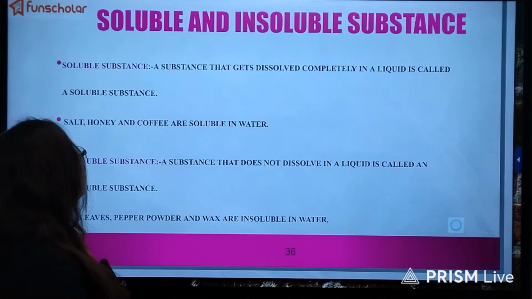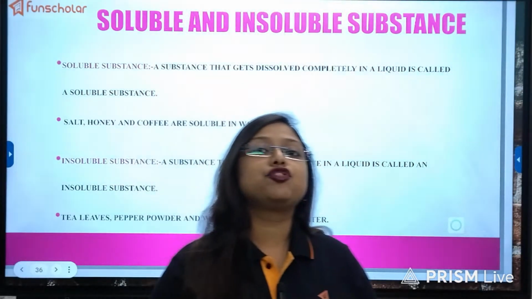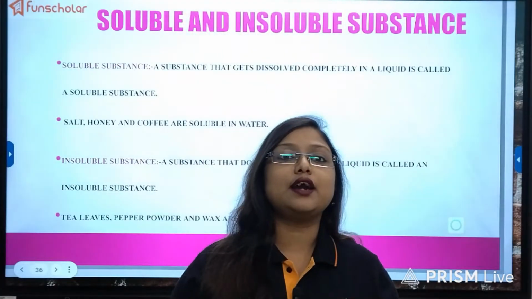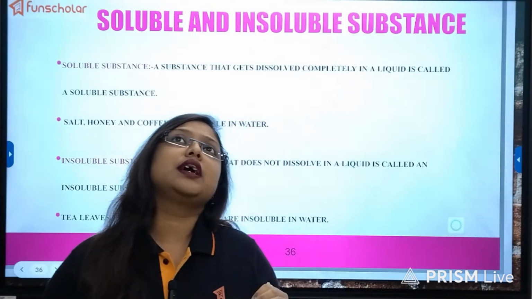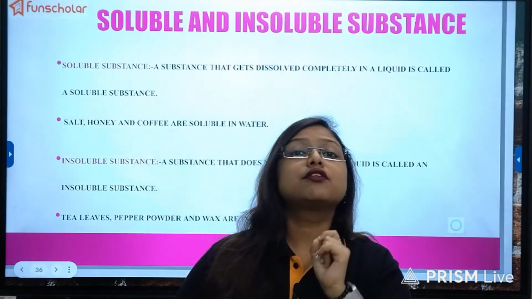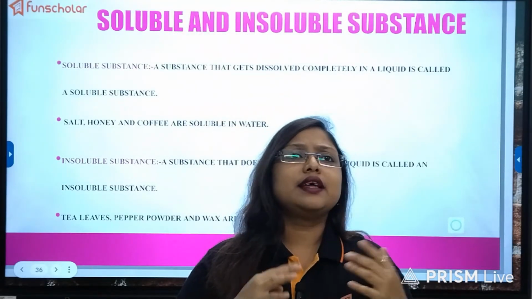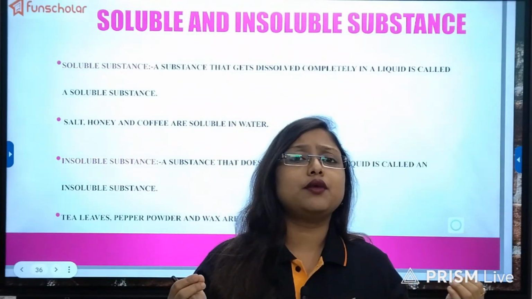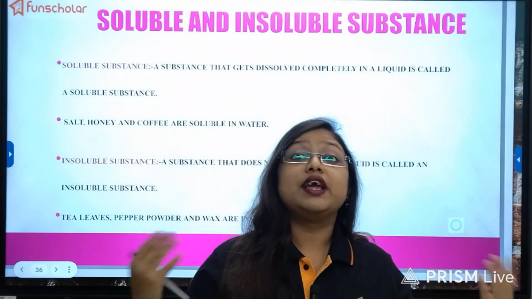Salt, honey or coffee are soluble in water. Salt, honey, coffee, all of them mixed so well that we can't even separate them. Salt is white and mixes so well that we can't see any other color. You can try that at home as a real life experiment.